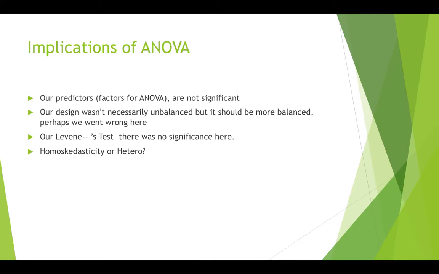Perhaps that's where we went wrong because, as we talked about earlier, there was no real evidence of hardcore violation of multicollinearity or a violation of homoscedasticity, but it could just possibly be that the factors that I chose for both my MRC and my ANOVA just are not significant and do not work with my dependent variable.